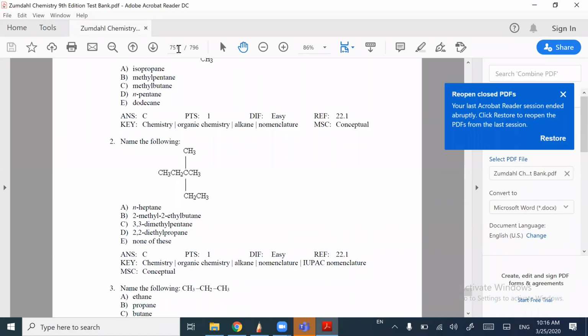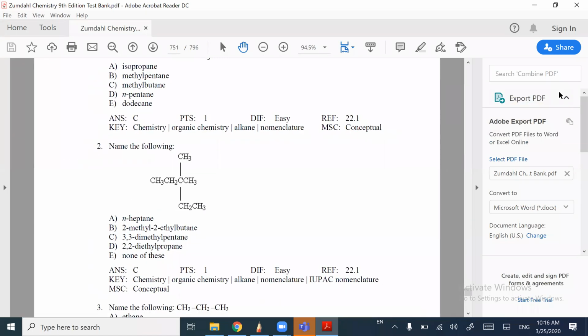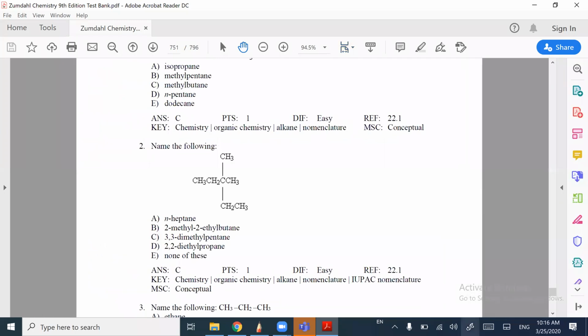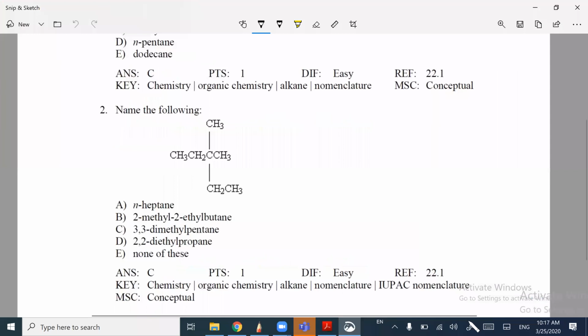Firstly, we must give the name for this compound. For naming this compound, we give the rules for the naming. Firstly, for alkanes, we must first choose the longest carbon chain. Before solving this, let's talk about the rules for the naming.